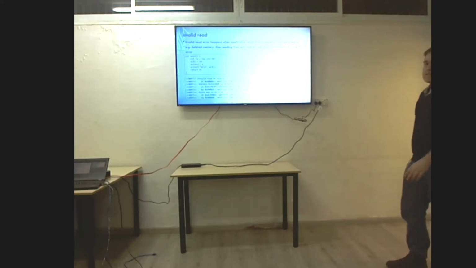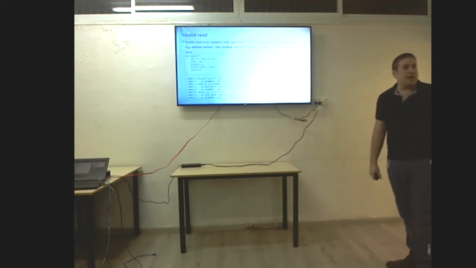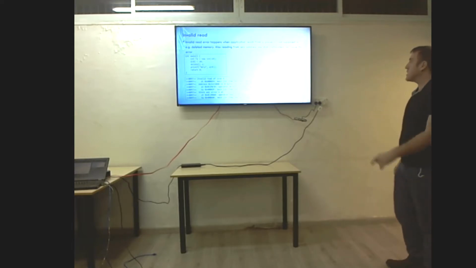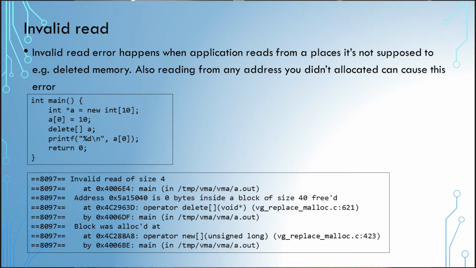Okay, and this is actually very similar to your uninitialized memory. The next slide: invalid read. Invalid read happens when your application reads from places it's not supposed to read. A very common use case is that you allocated something, you delete it, and then you try to read it again.